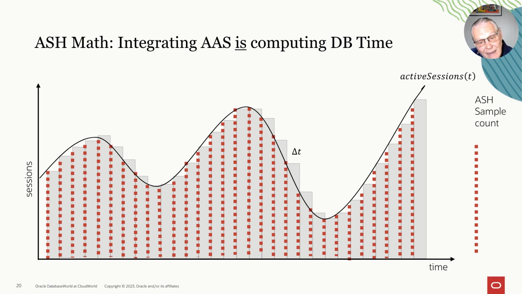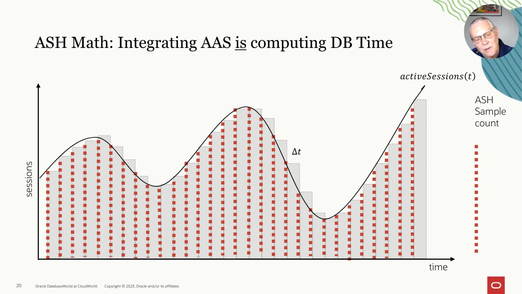I'm not going to go deeply into this chart, but really this chart explains why counting ASH samples is equivalent to estimating the integral of a curve, this active sessions curve. Basically every series of dots is an ASH sample, and we assign 1 second delta t of time to each sample.